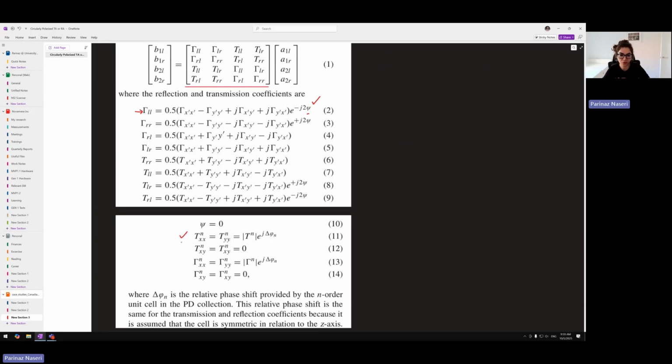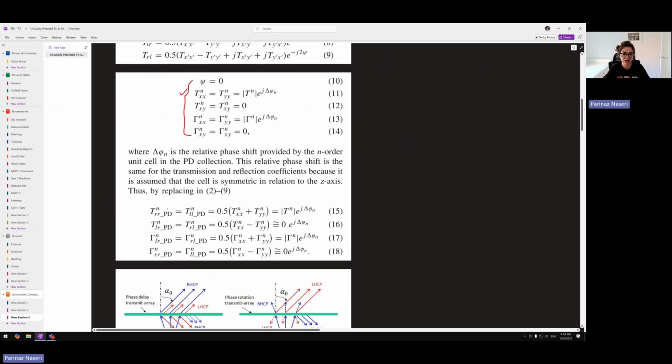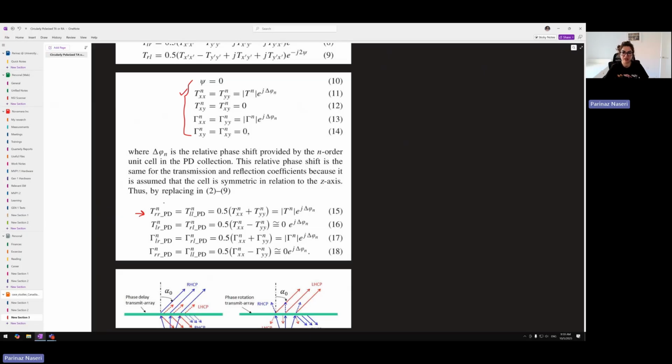And if you put this specific case in the formulas, 2 to 9, what do you get? Now you learn that if you have this relationship, and your unit cell defines a little bit of phase shift, a little bit of phase delay, compared to a reference design, let's say, you have another unit cell that has a little bit of phase shift.